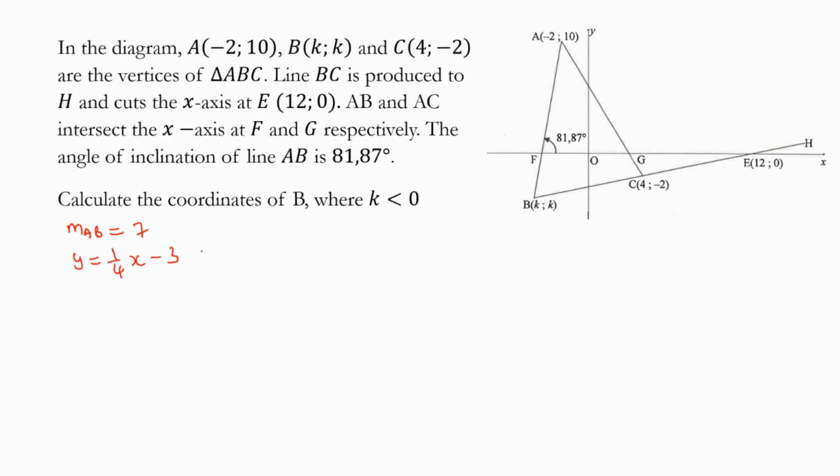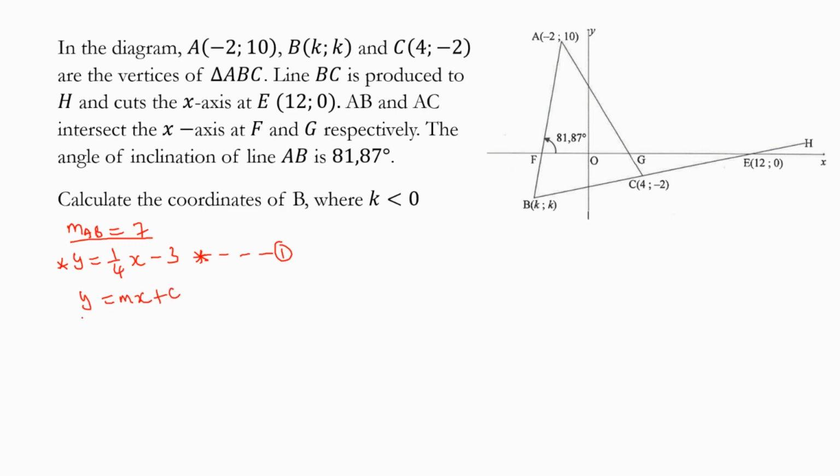So using this, we can find the equation of AB and solve these two equations simultaneously. Let's call this one equation 1. Let's find equation 2, which is going to be the equation of AB. Equation of AB, y is equal to mx plus c.